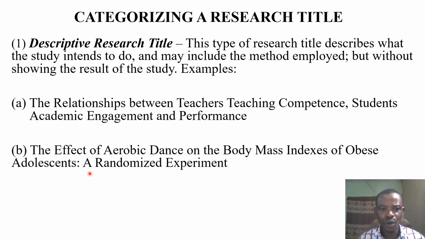But the method is included here, which is a randomized experiment. Remember our definition? It describes what the study intends to do, and it can include the method employed by the researcher.